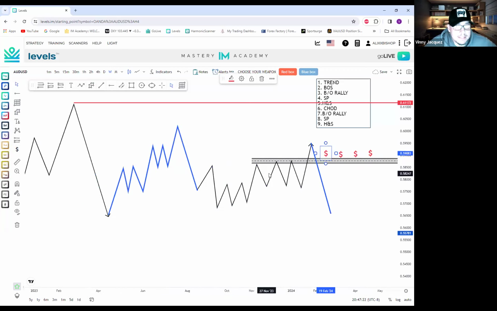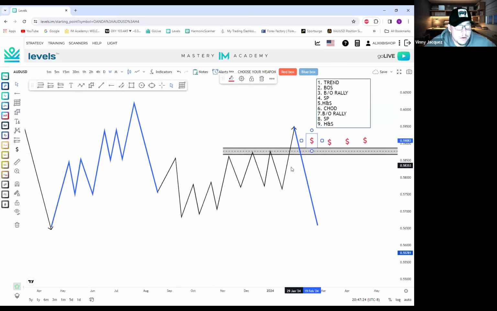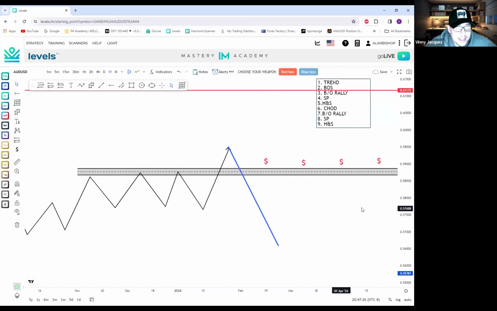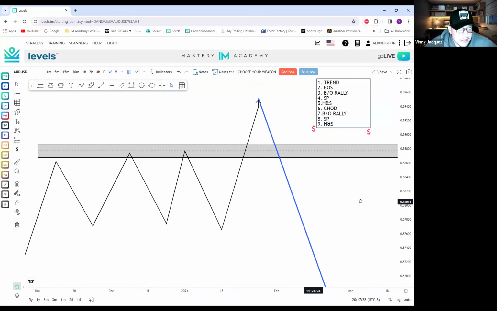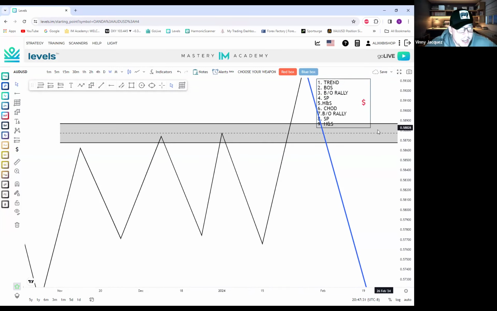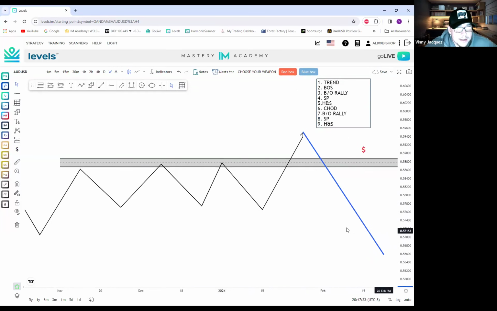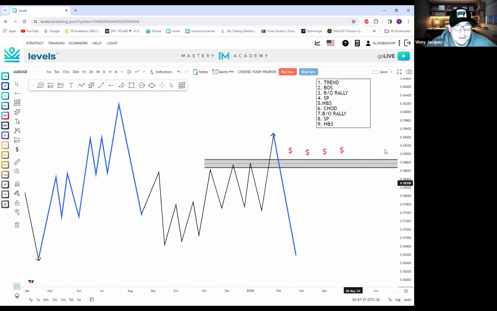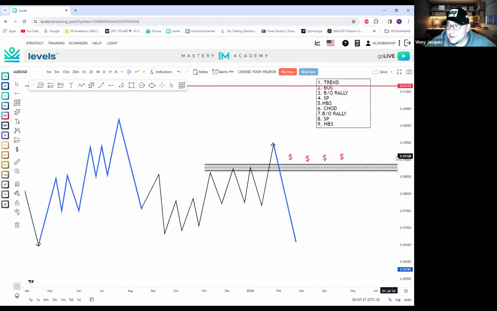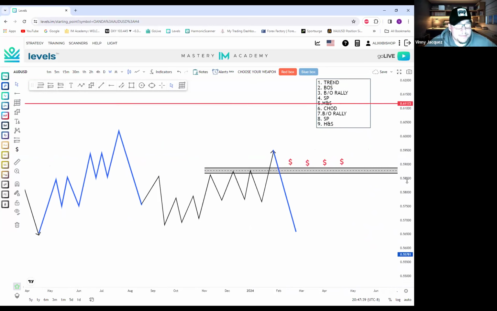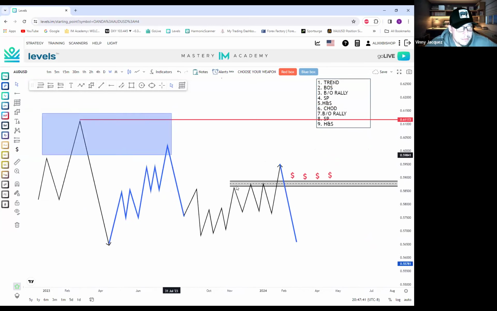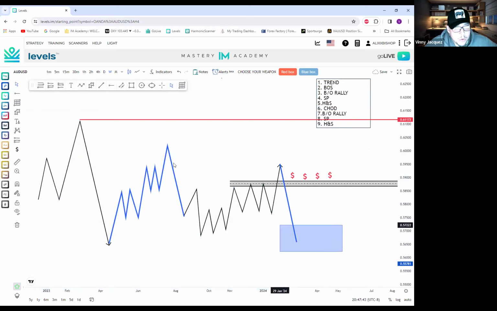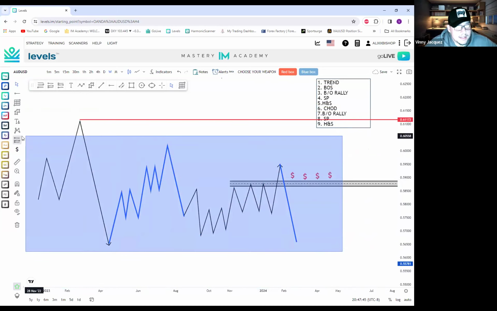This 4 hour may be a daily structure, but when you're on the 1 hour, you know what it's going to look like? It's going to look huge, and you're not going to know where you are. But on the daily, you zoom out, and you're like, oh man, that was consolidation the whole time, bro. Right? Does that make sense, fam? That is one of the best tips that I learned last year.